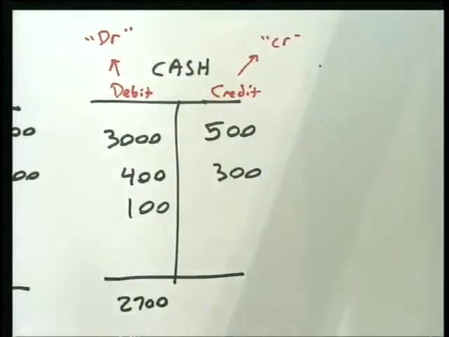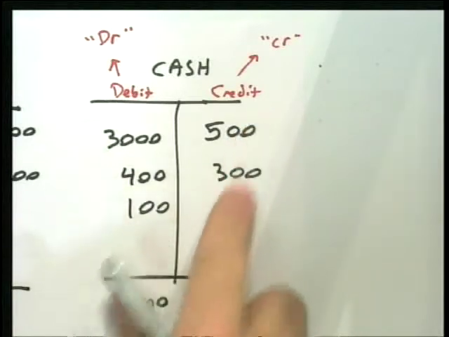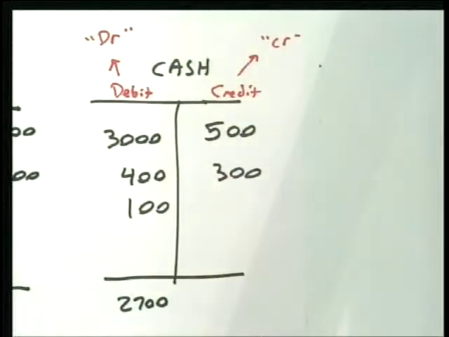Debit means the left side. Credit means the right side. Yes, for cash, it just so happens that increases are on the debit side and decreases are on the credit side. But that is not the case with every account. It is for cash, but not for every account.